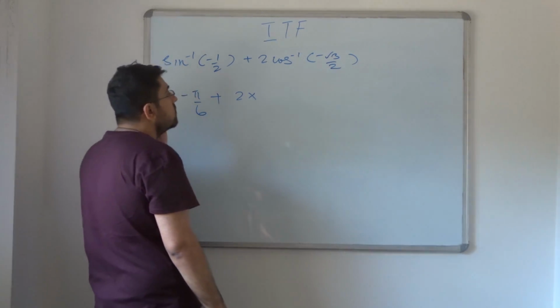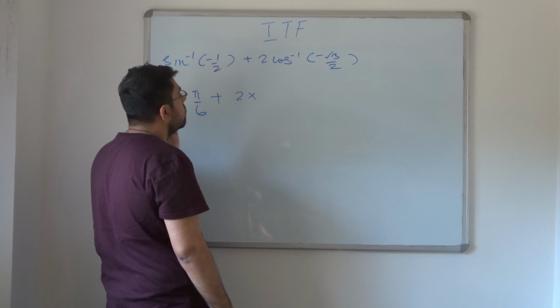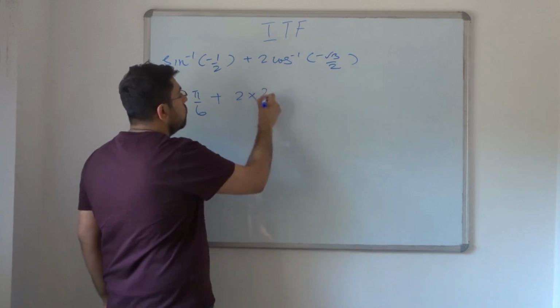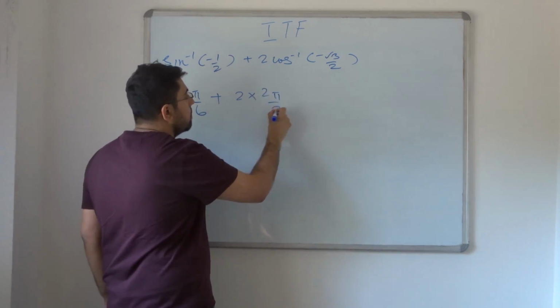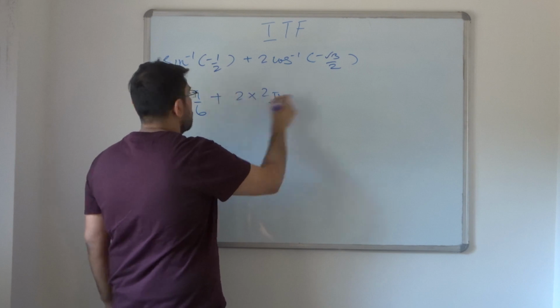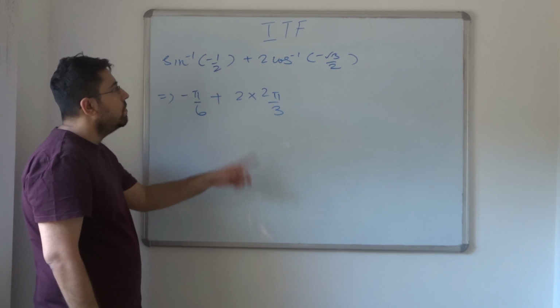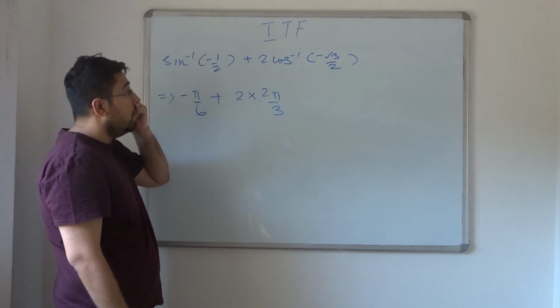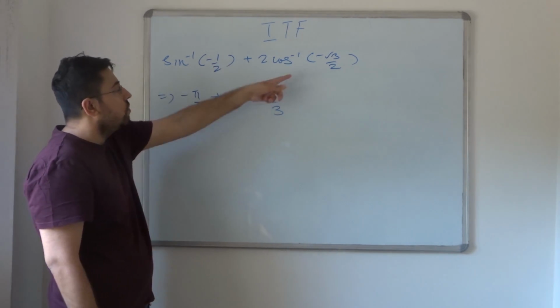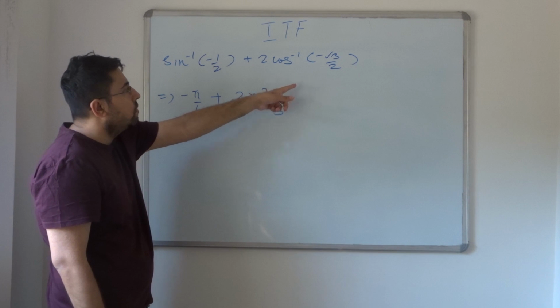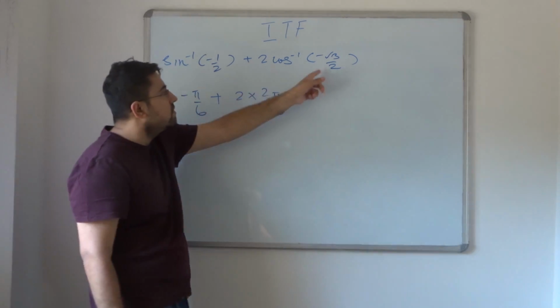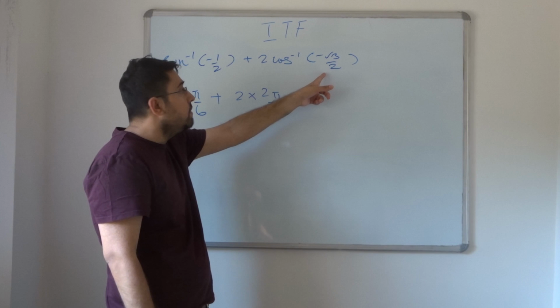So guys, obviously you're going to have 2 by 3. Okay, you're going to have 2 by 3 here. Okay, because I'm sure you already know what's going to happen, guys. This is going to be negative pi by 3.